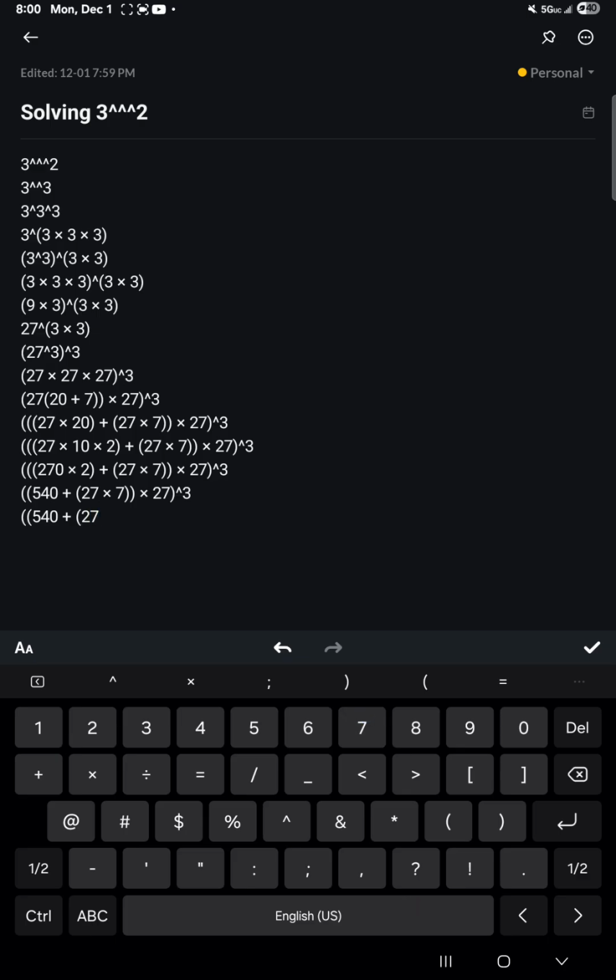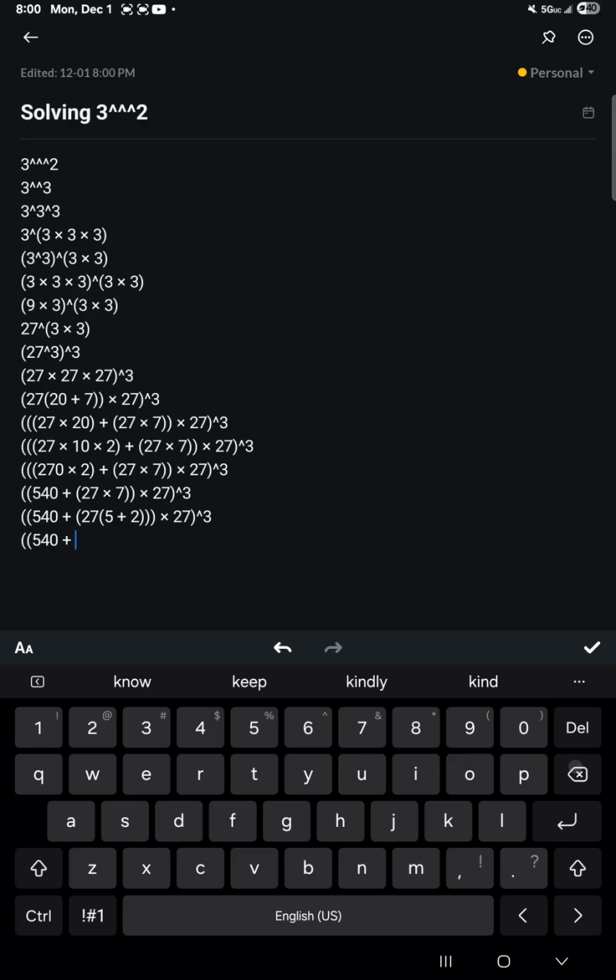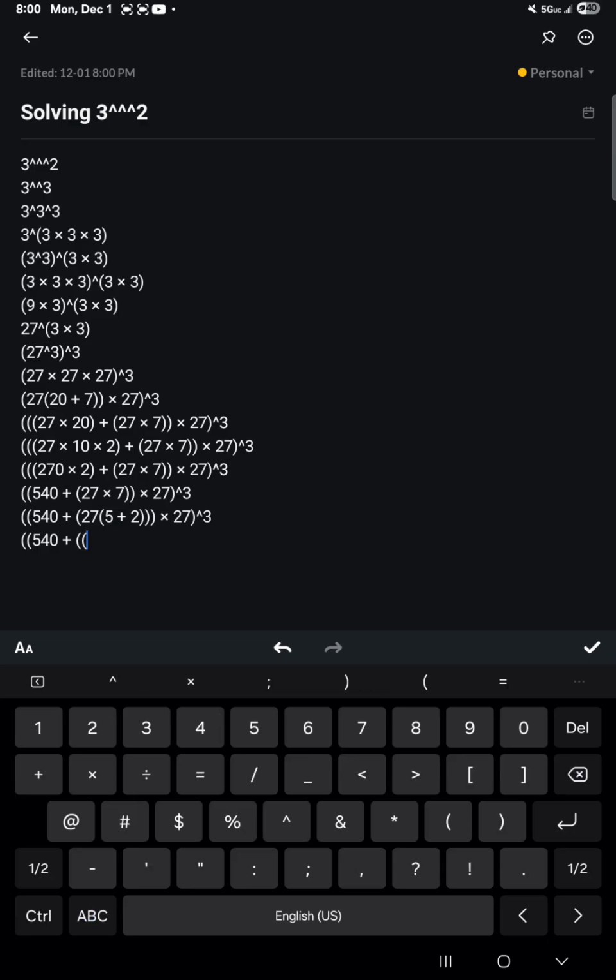27 times 7. Let's use the same distributive property. 7 is just 5 plus 2. Let's count the parentheses. 1, 2, 3, 4, 5, 6. Alright. So it's the same thing.